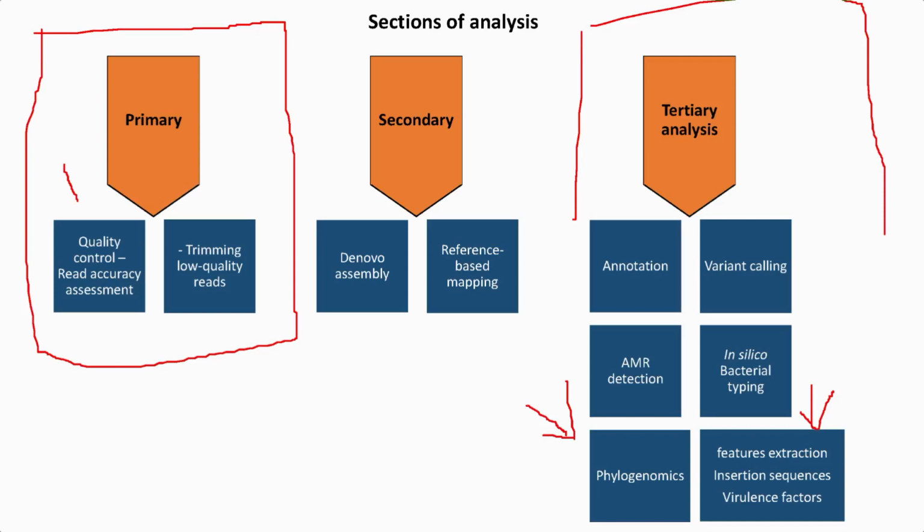Some other analyses include feature extraction and insertion sequences, because most often these bacteria can acquire a foreign segment from another pathogen by horizontal transmission, and they can also bear virulence factors which cause them to cause more infection in the patient.